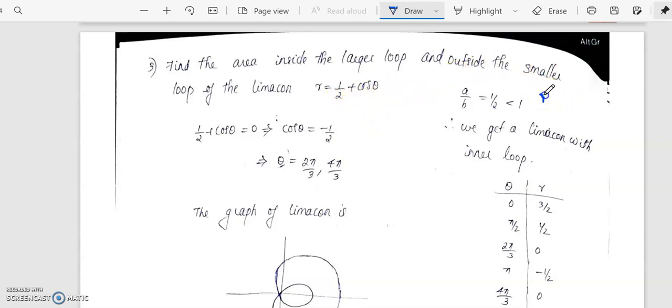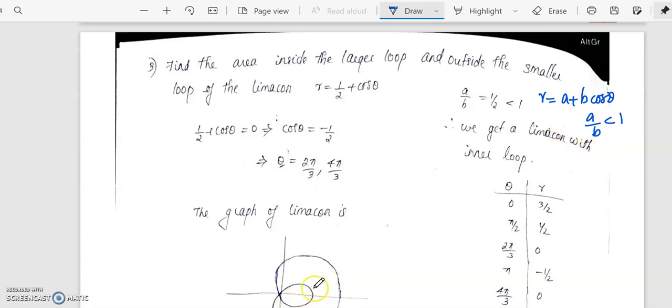We have seen the general form of cardioids and limacons. So when you have curves of the form r equal to a plus b cos theta, or r equal to a plus b sin theta, if a by b is less than 1, we get a limacon.